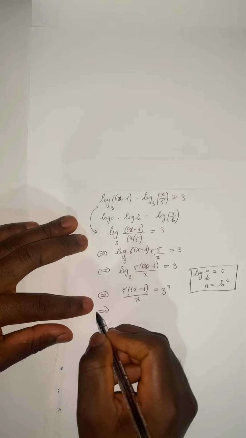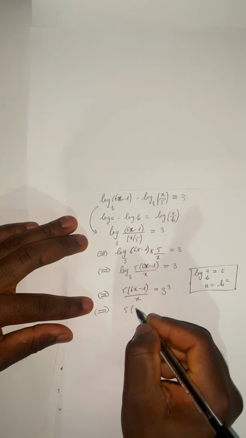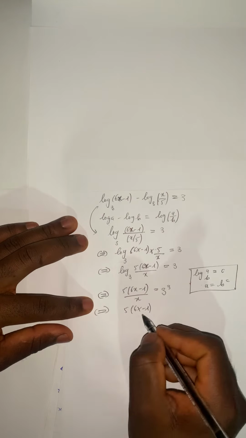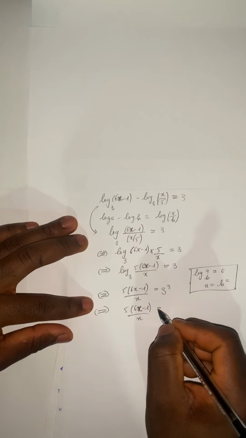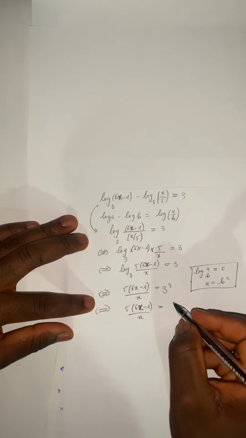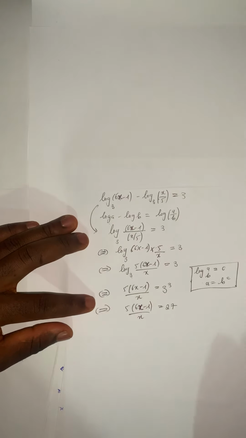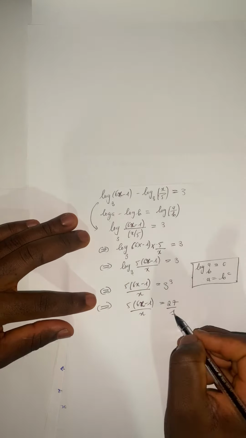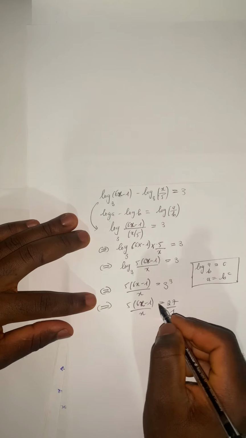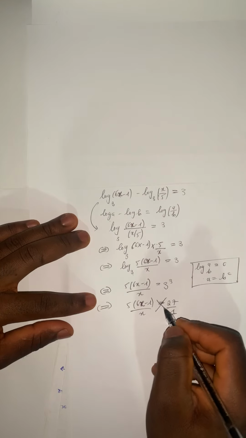And now this is equivalent to 5 times (6x minus 1) over x to be equal to 3 raised to the power 3, which is 27. From here we can cross multiply because this is the same as over 1. We then cross multiply like this.